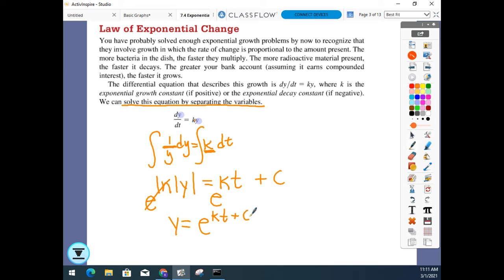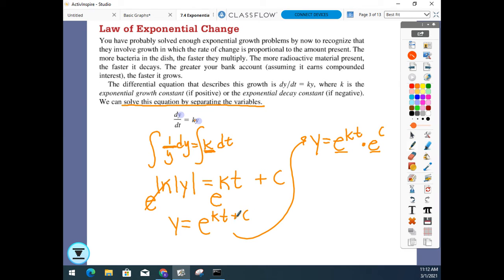All right, here's a sneaky little thing here. Does it make sense that this whole thing together in the exponent, we could also write as e to the kt times e to the c? Because if the bases are the same, you can add the exponents.